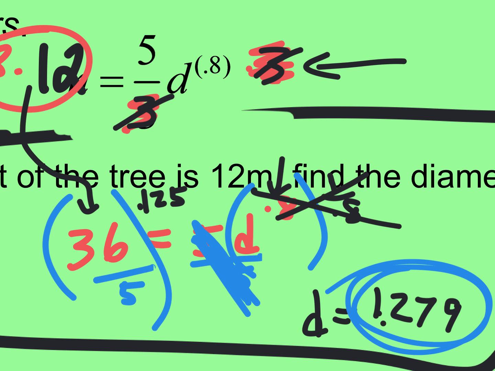Then you divide by 5 to get rid of the 5. And you put it to the power of 0.125. Did you put it to the power of 0.125 or 1.25? Ooh, excellent question. Is it 0.125 or is it 1.25? Okay, thank you.